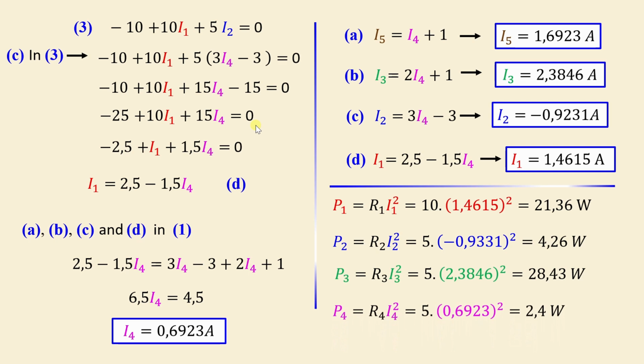And finally we have the power dissipated in the resistor R4. P4 is equal to R4 I4 squared is equal to 2.4 watt. And finally the power dissipated in the resistor R5 is equal to R5 I5 squared is equal to 14.32 watts.